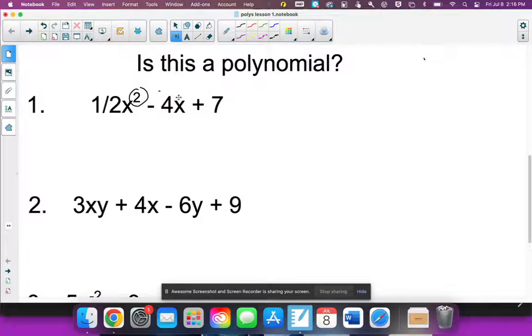And even though there's not an exponent written here on this variable, there is one there, right? We do have that rule about exponents. And believe it or not, there's actually one on this 7 as well. And we're going to get to what that's called and what that exponent actually is. It's pretty cool. So are all of my exponents positive whole numbers? Yes. So this is most definitely a polynomial.